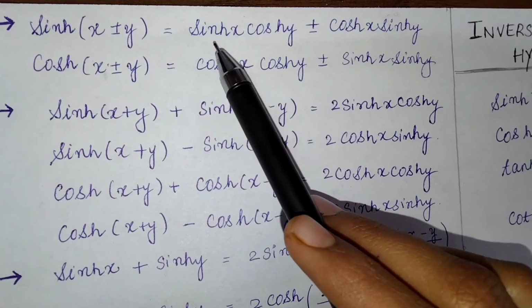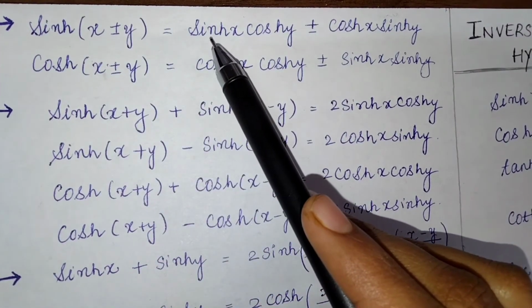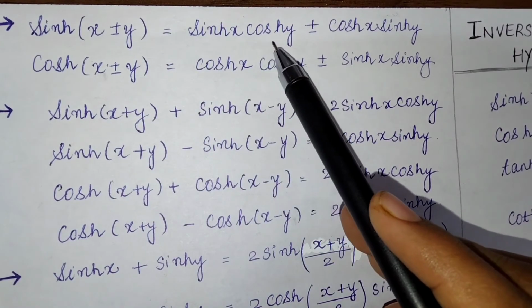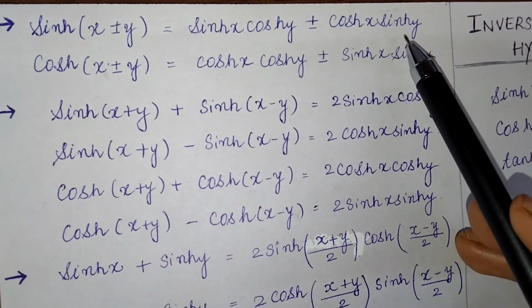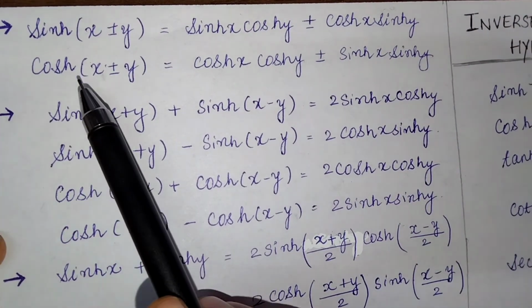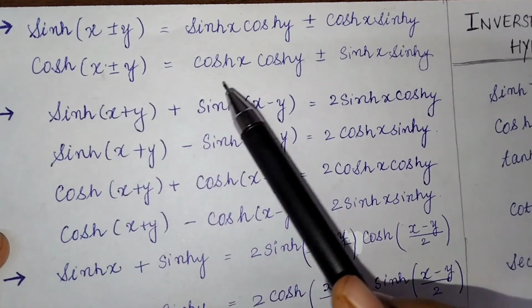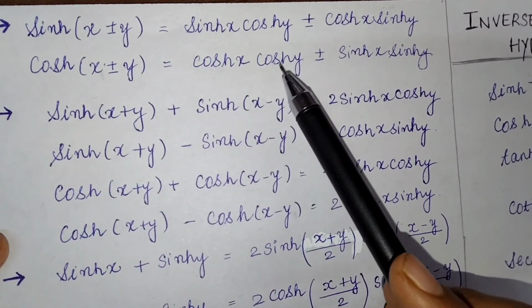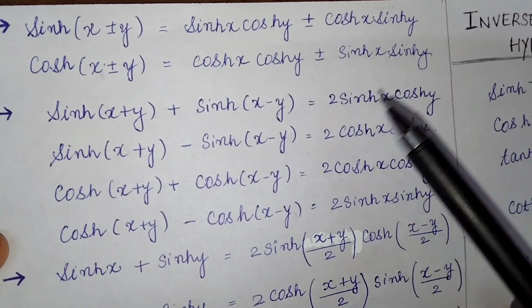So we get sin h of x plus or minus y is equal to sin hx into cos hy plus or minus cos hx into sin hy. And for cos h of x plus or minus y, that is cos of a plus b form, we will get cos hx into cos hy plus or minus sin hx into sin hy.